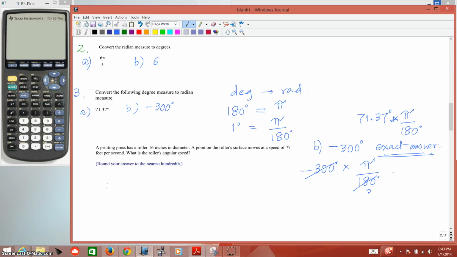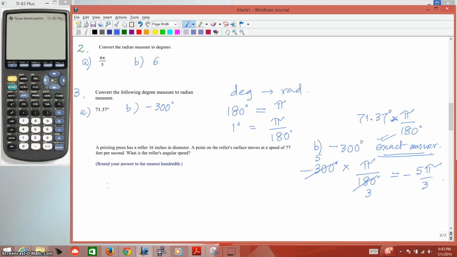But this one I know for sure will be 3, and this one will turn out to be 5, and my answer will be written as negative 5 pi over 3. You should not take the 5 over 3 from the calculator and give me an answer in decimal. It has to be written as an exact answer. So that's one of the other keywords you must pay attention to.